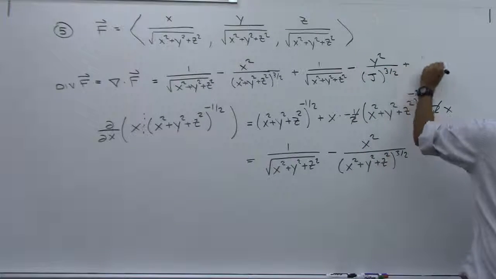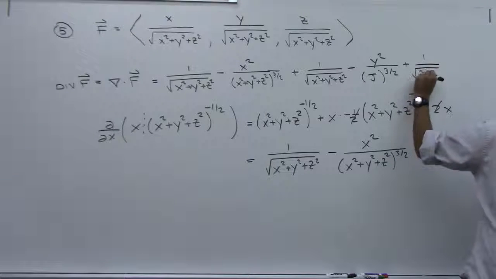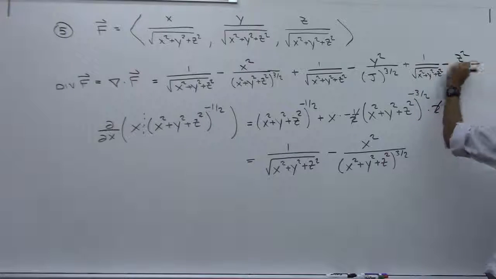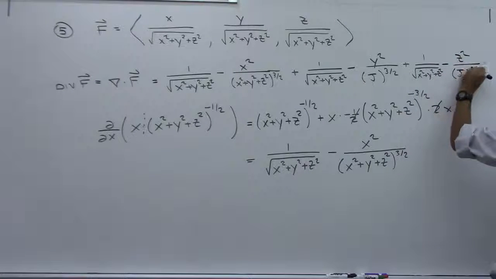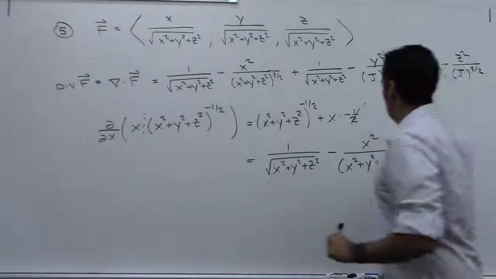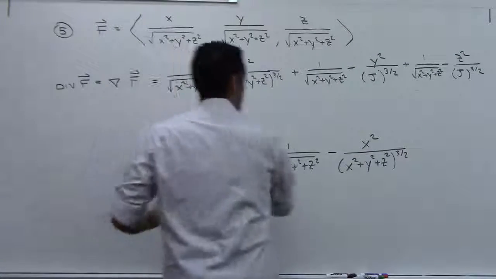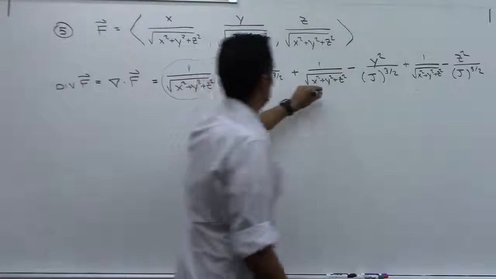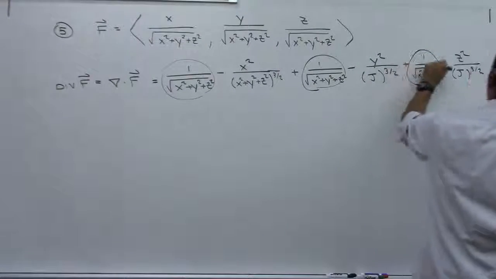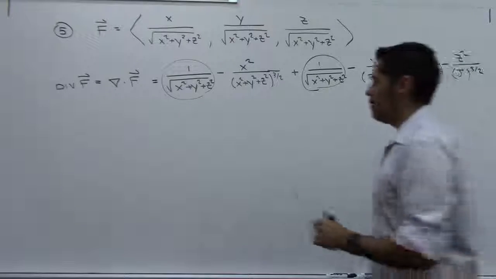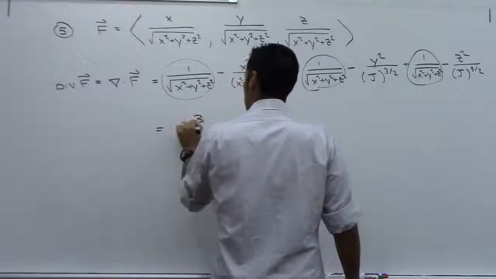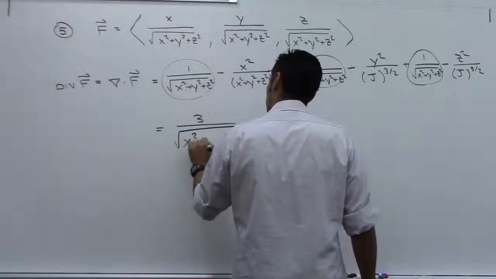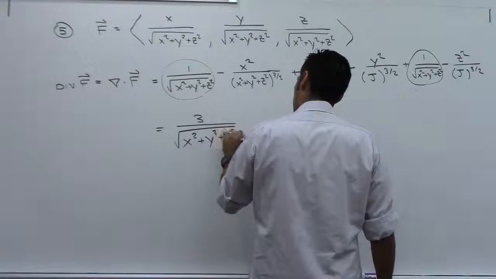Plus the last one, 1 over the square root of all that junk minus z squared over all that junk to the 3/2. And you'll notice that the things that have the same denominators I can put together, so this and this I can put together. There's 3 of them, so when I add them up, I get 3 of these square roots of x squared plus y squared plus z squared.